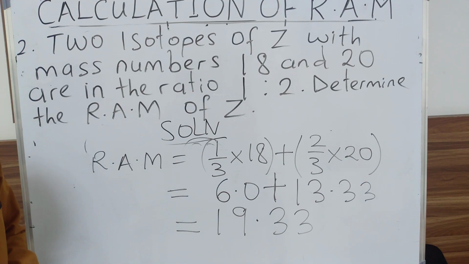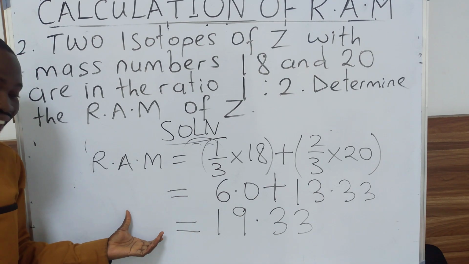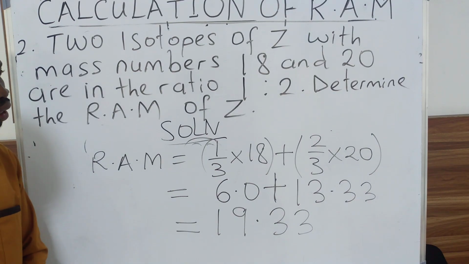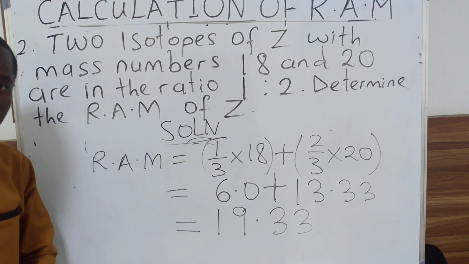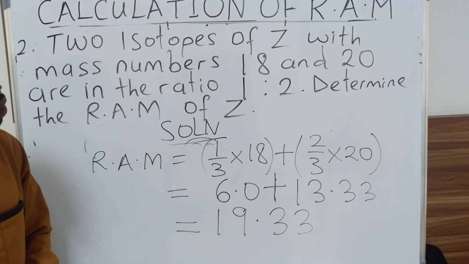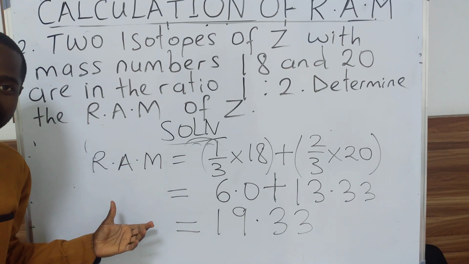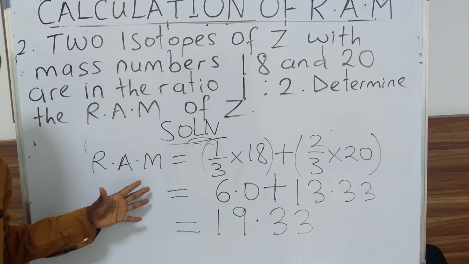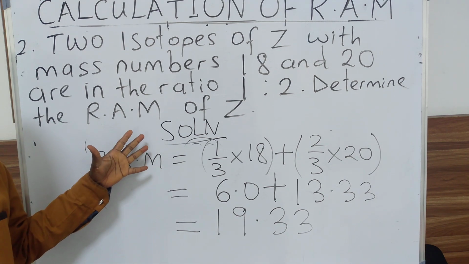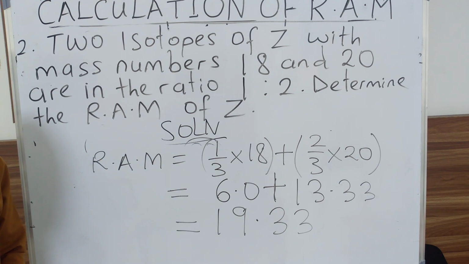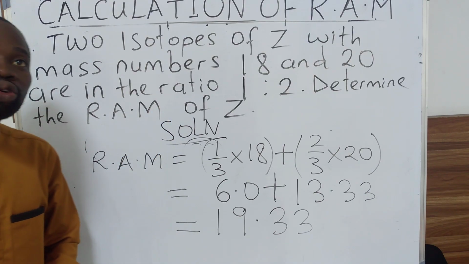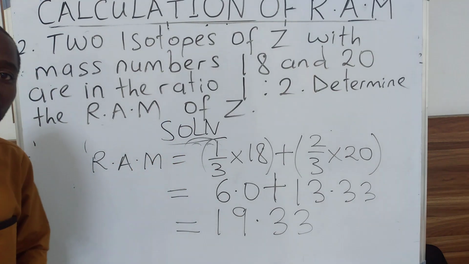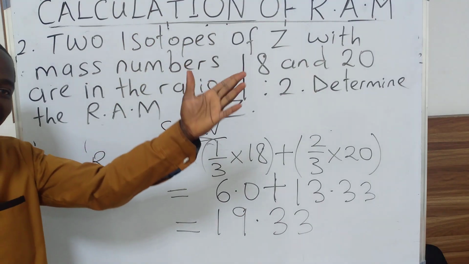So this will be the end of today's series. We have solved 2 questions on relative atomic mass. Watch out for the next series on this topic. Please kindly share with students, especially in secondary school, those who will write WAEC, NECO, and UTME by next year.